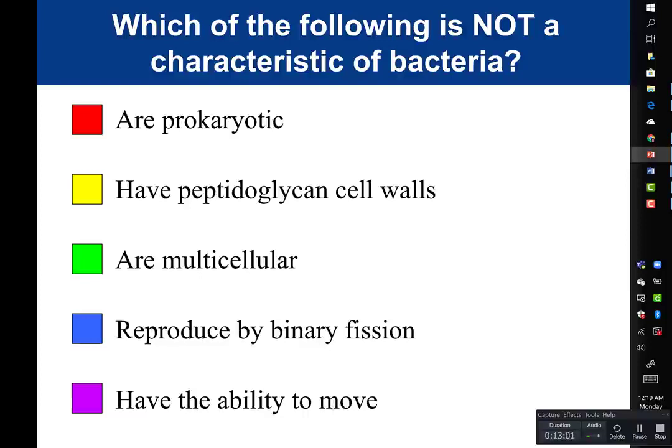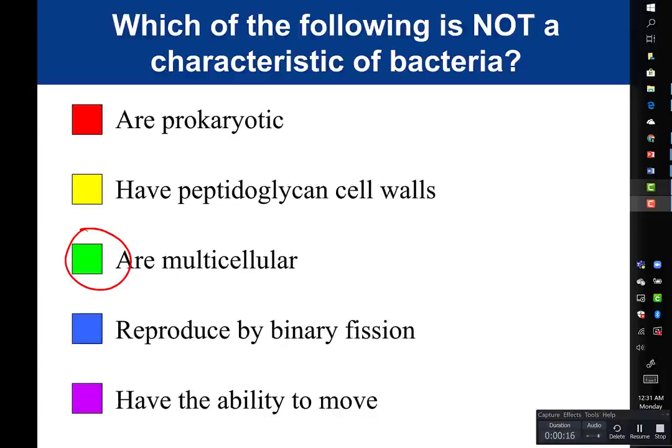So, which of those statements is not true of bacteria? The answer is going to be green. They are not multicellular. They are unicellular. They exist as one single cell. And so the statement saying that they're multicellular is not true for bacteria. Bacteria are prokaryotic. They are made of cells that lack a membrane-bound nucleus.